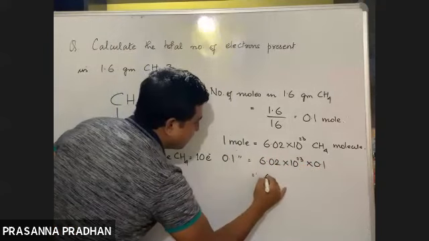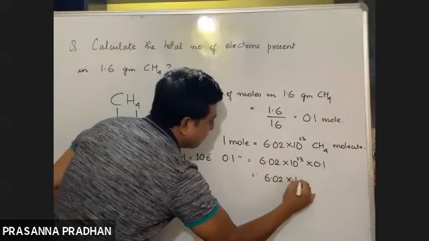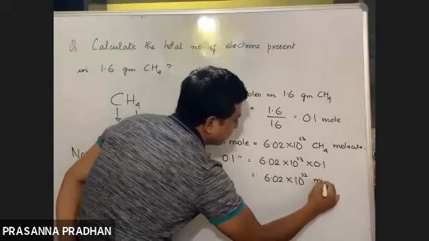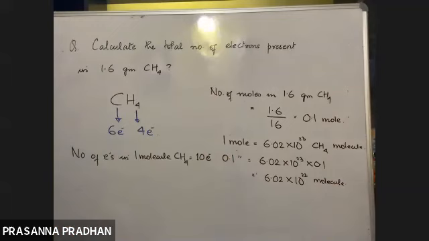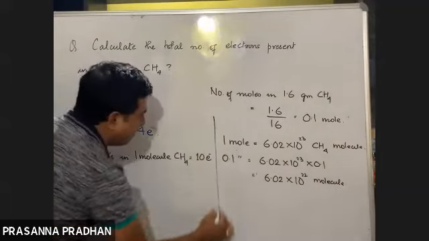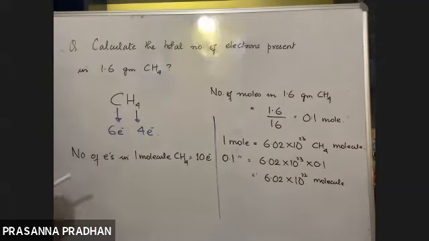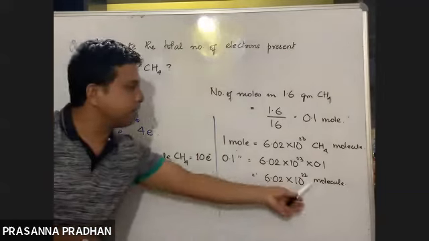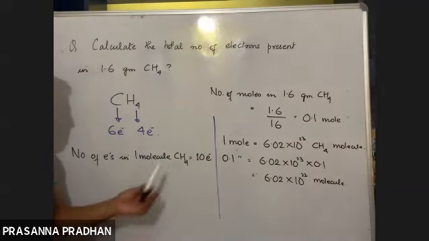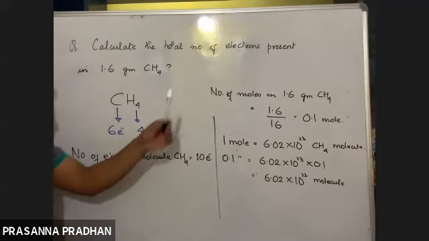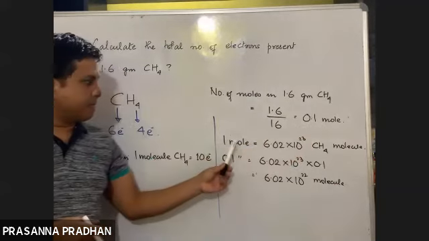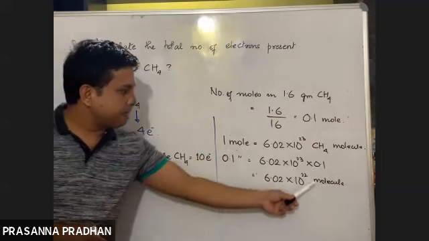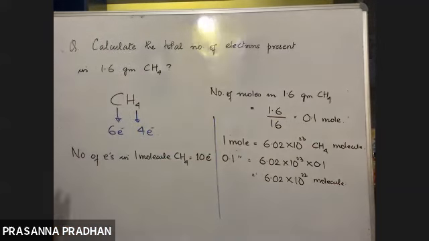So this is equal to 0.602 into 10 to the power 23, that is 6.02 into 10 to the power 22 molecules. Why am I finding out the number of molecules? Because I know in one molecule 10 electrons are present. That is why I'm converting 1.6 gram into number of molecules. So 1.6 gram of methane is equivalent to 0.1 mole, and 0.1 mole contains this many methane molecules. Fine. So now I can easily find out.